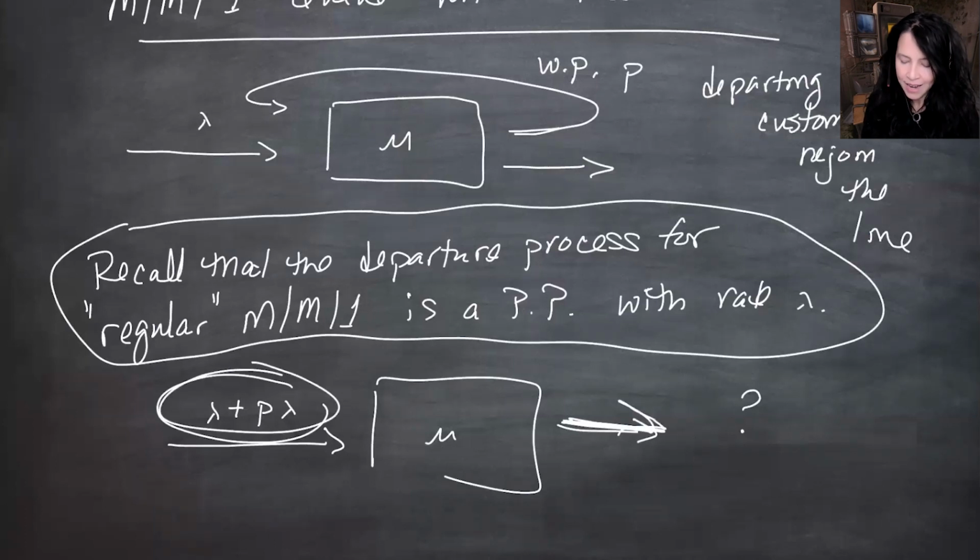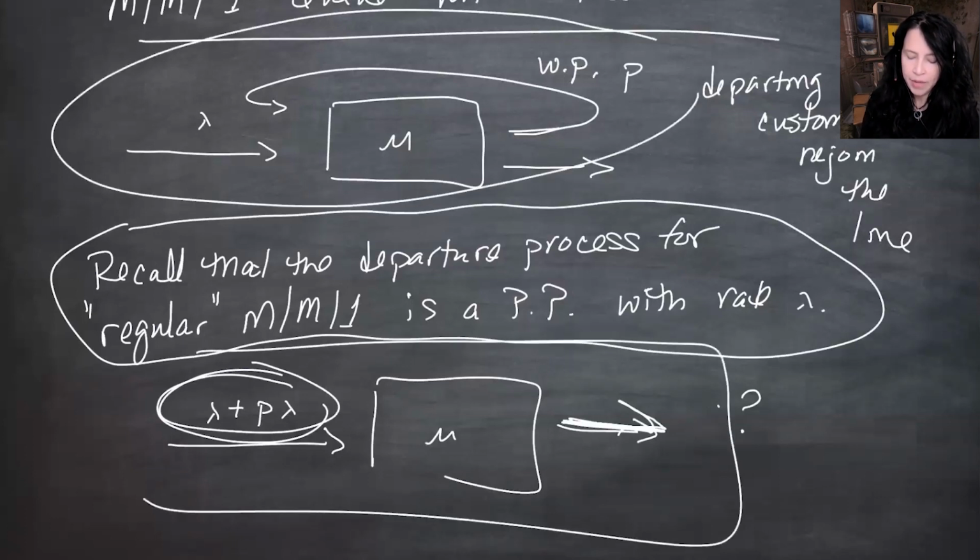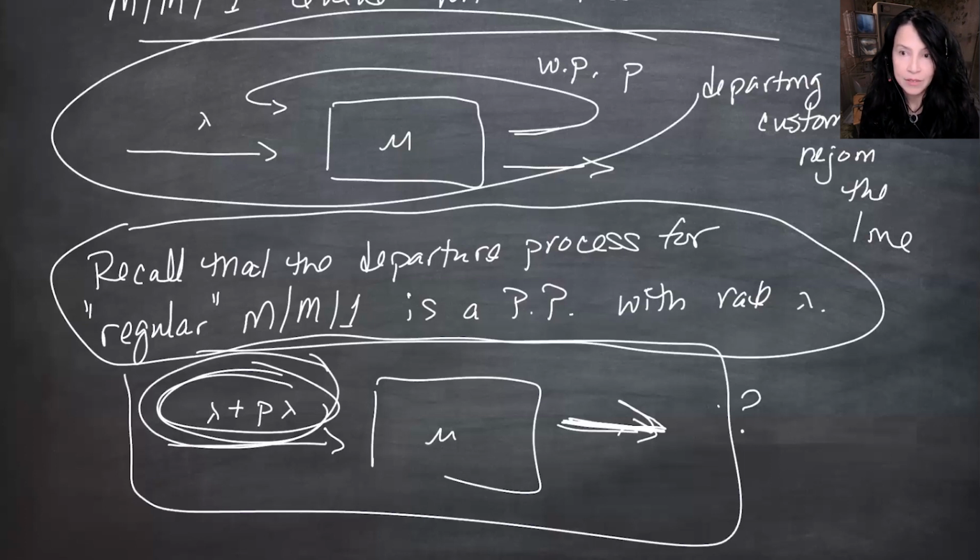So it's not right to treat this feedback as just a straight up M/M/1 with an adjusted arrival rate, because now the departure process is another lambda plus P lambda. So that really needs to be added back here. So what can we do? We don't know what to do with this.